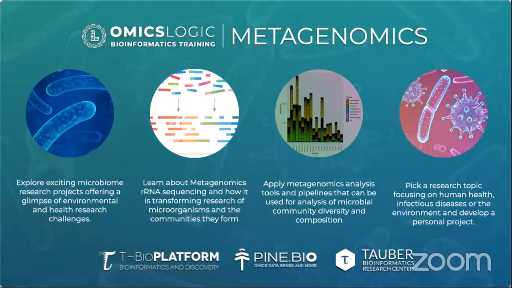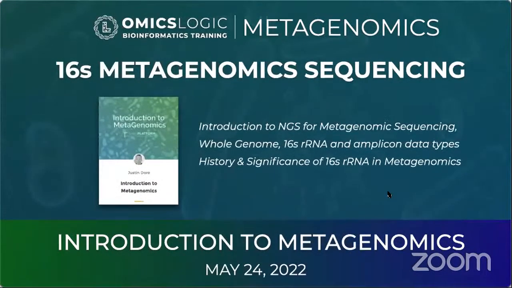Let's go over the syllabus in detail to get an overview of the variety of bioinformatics analyses, the logic behind the analysis, and different downstream processing methods that you will be introduced to in this specific program. We start with an introduction to next generation sequencing for metagenomic sequencing, which could include whole genome sequencing, 16S rRNA sequencing, and amplicon data types also.